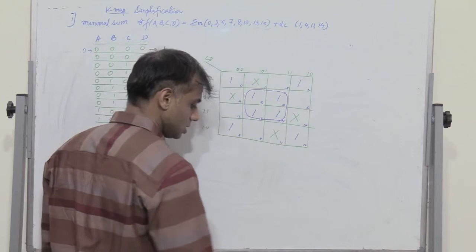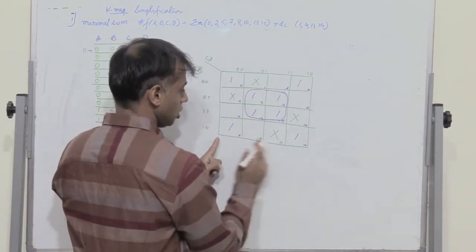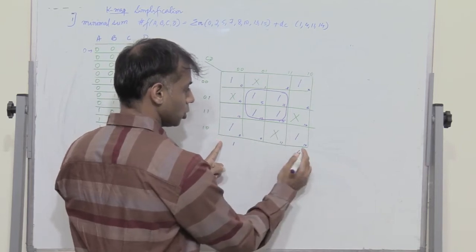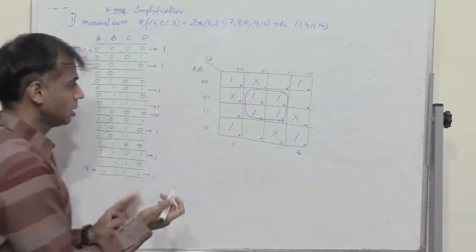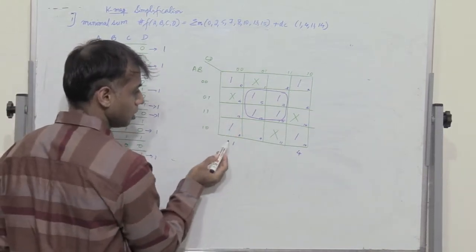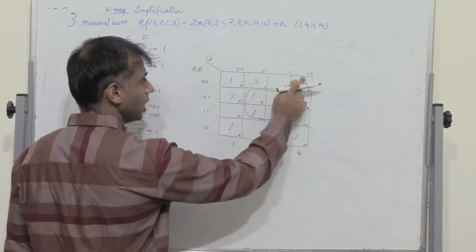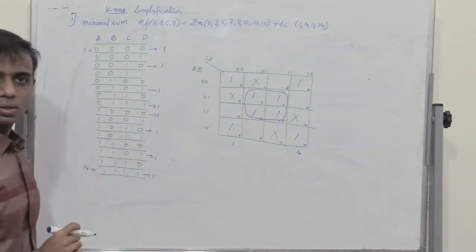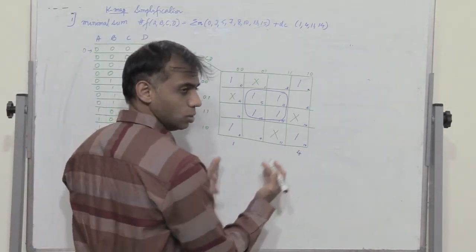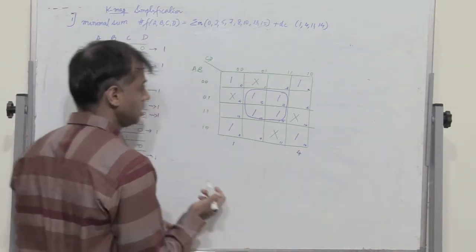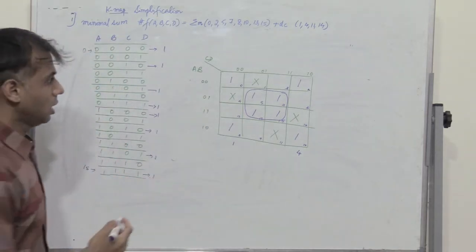And we find that this is a K-map where these two columns, column 1 and 4, are adjacent to each other, right? Because if I consider column 1 and column 4, they differ only by a single bit, that is only by the first bit, right? So we can assume that these two columns are adjacent to each other. Similarly, row 1 and row 4 are also adjacent to each other.